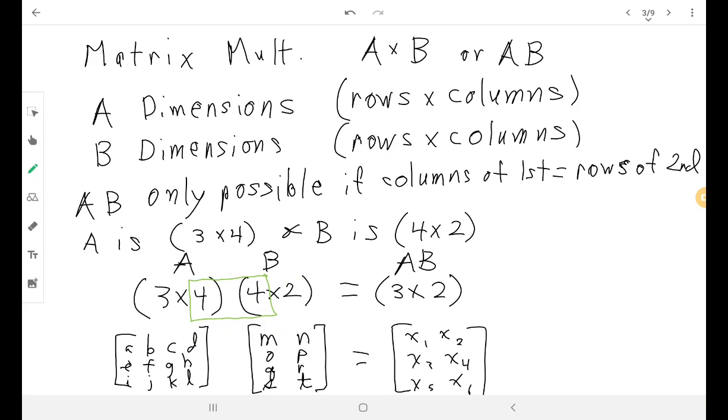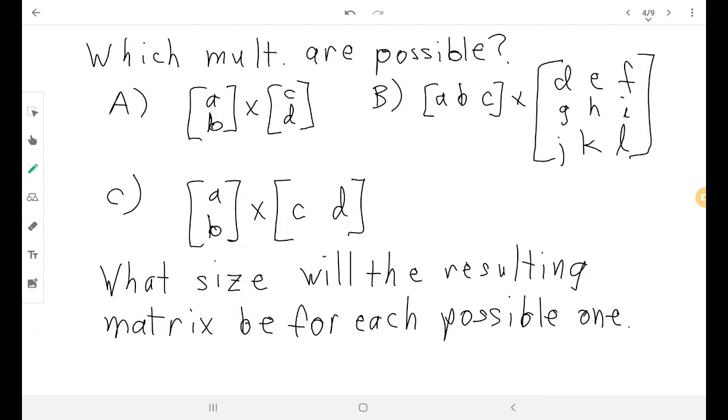And remember, if there are questions, let me know, either unmute or put them in the chat. So that is how you know what the new dimensions are and what the matrix will look like.